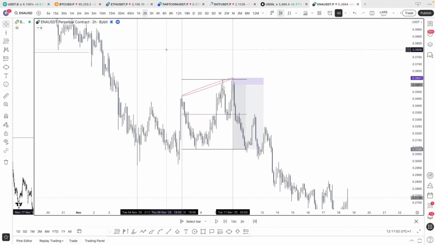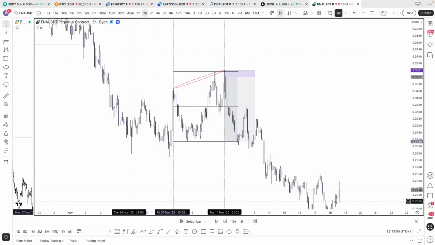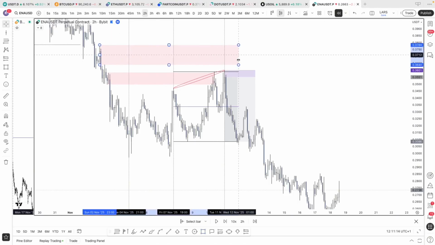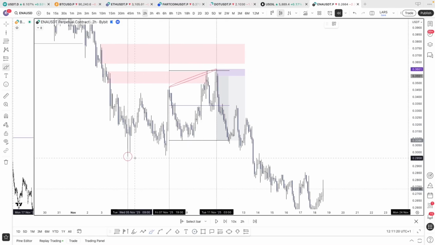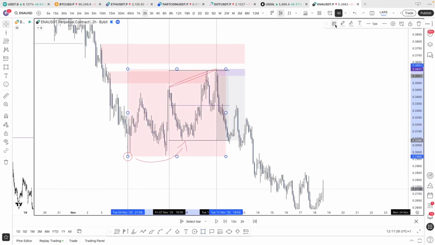But what is the context right here? Well, we have resistance above us. We have resistance levels above us right here with supply POIs right here and supply POIs higher up. But what can we see? We can see a low. We can see price moving away from that bottom upwards into potential resistance.